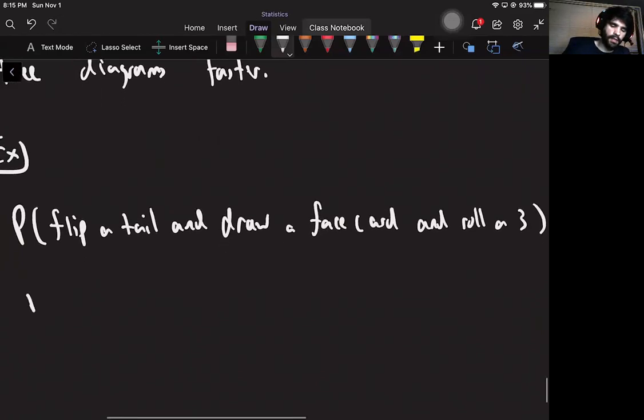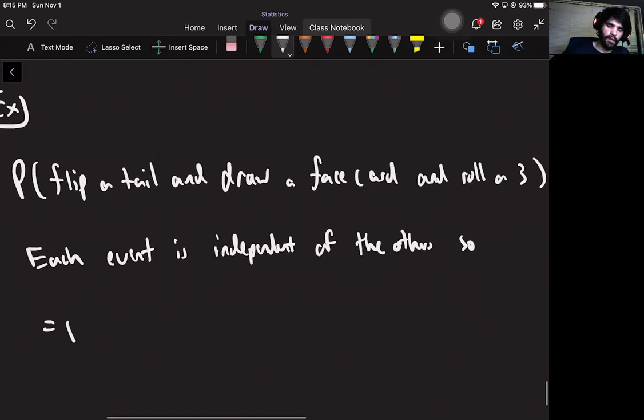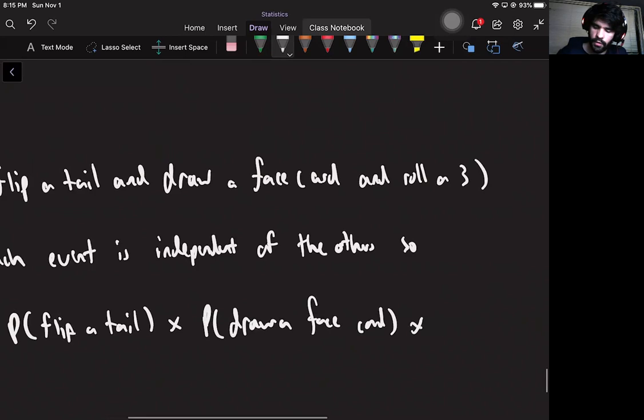Because they're all independent of each other, flipping a coin does not affect drawing a card, does not affect rolling a dice, I can use this multiplication rule. So each event is independent of the others. So I can just break it up into probability of doing each one. Flip a tail times probability of draw a face card times rolling a 3.